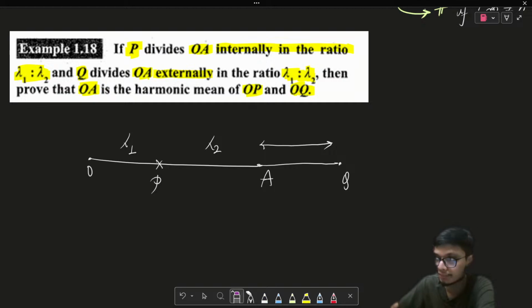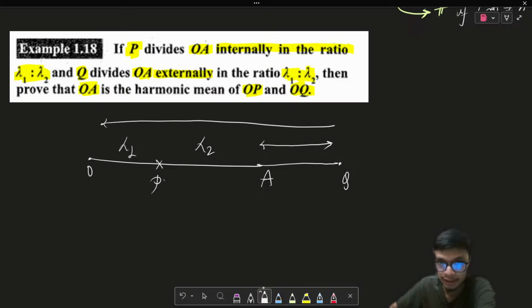So lambda 1 is to lambda 2 means OP by PA, and in a similar sense, this particular ratio should also be lambda 1 and lambda 2, right? That is what is mentioned in the problem.